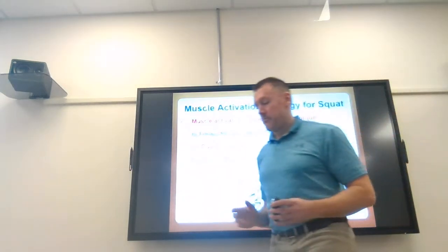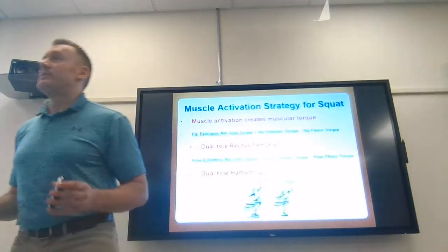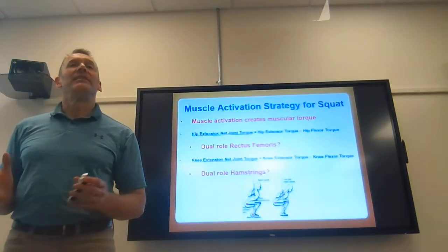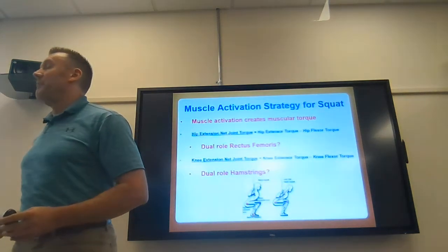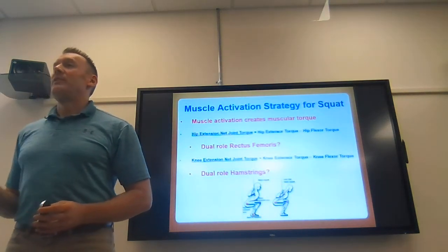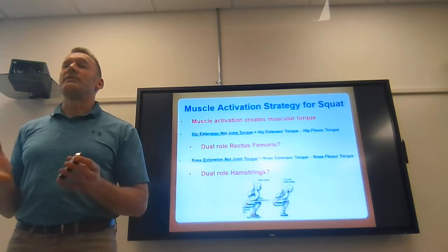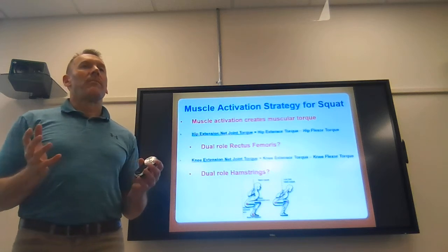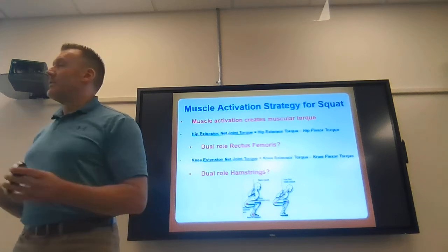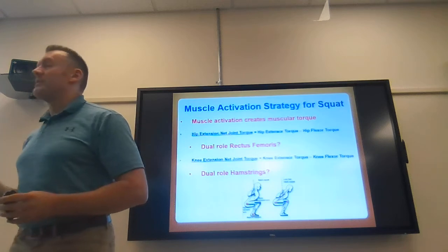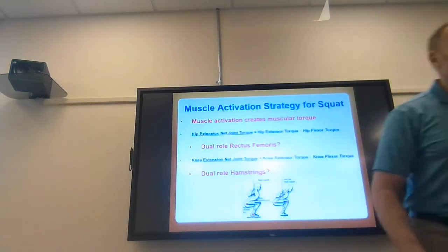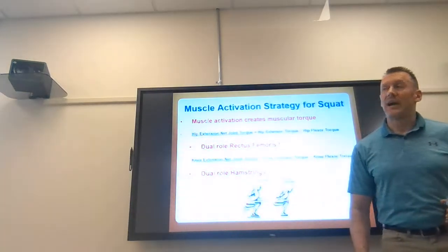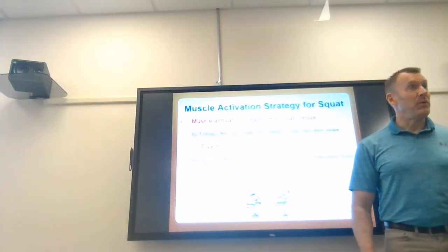Now, when the rectus femoris is activated, it tries to do both functions at the same time. So the way that the body works is not isolated to a specific joint when a muscle is activated. So when the rectus femoris is activated to contract, it tries to do both things at once.